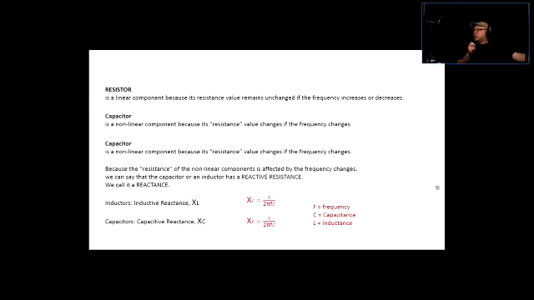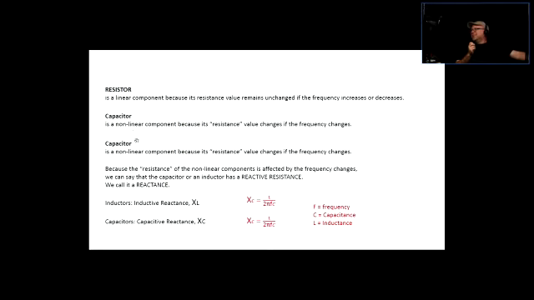Now, a resistor is a linear component because its resistive value remains unchanged if the frequency increases or decreases. Capacitor is a non-linear component because its resistance value changes if the frequency changes. Well, that should be inductor here.